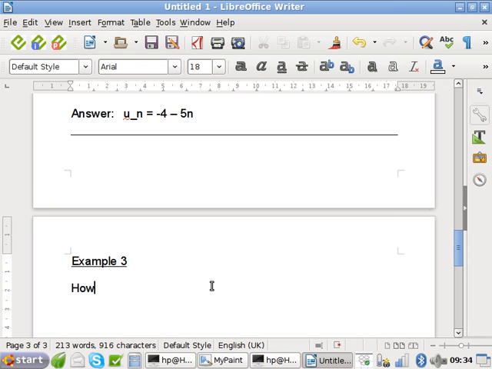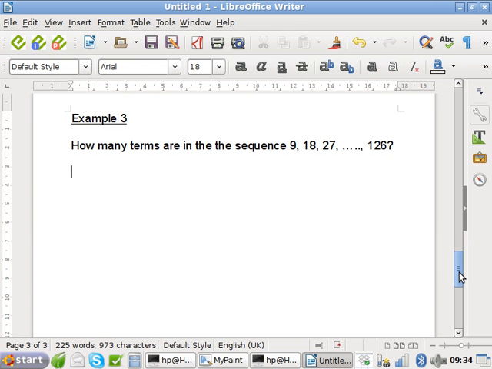How many terms are in the sequence 9, 18, 27, up to 126? Right, does anybody have any ideas how I can do a question like this?